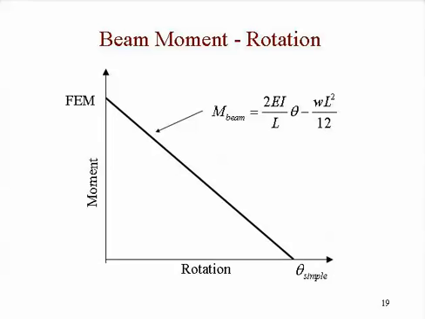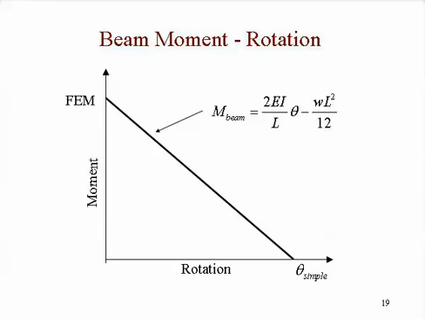We plot the fixed-end moment, WL squared over 12, the simple beam rotation, WL cubed over 24EI, and the slope deflection equation is that straight line. So we immediately see that as the rotation on the end of the beam changes, the moment on the end of the beam changes. Okay?